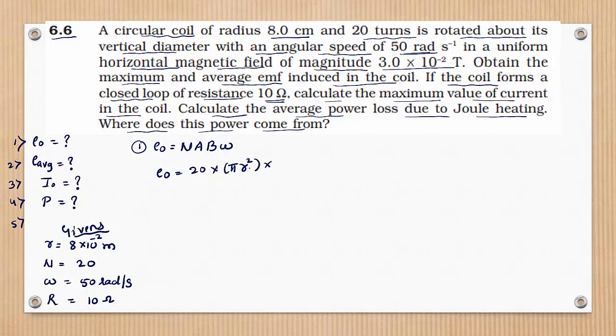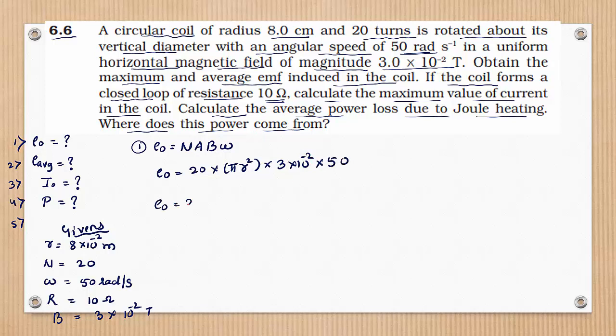B is the magnetic field, 3 into 10 raised to minus 2 Tesla, into omega, given 50.